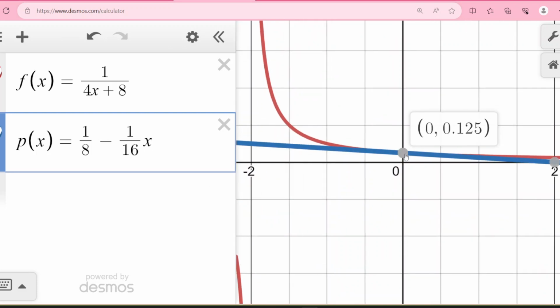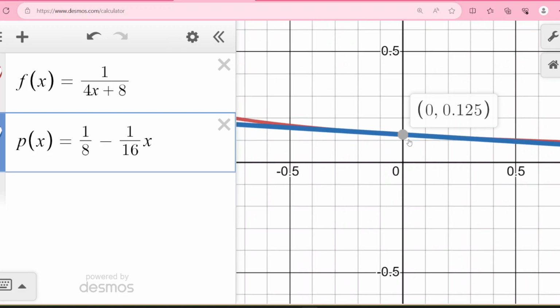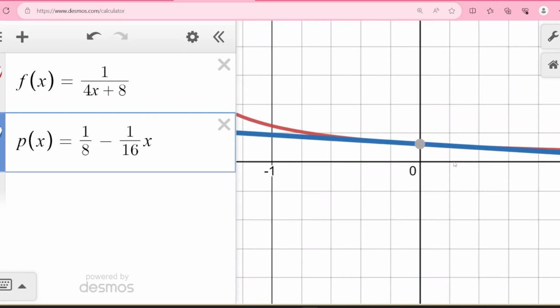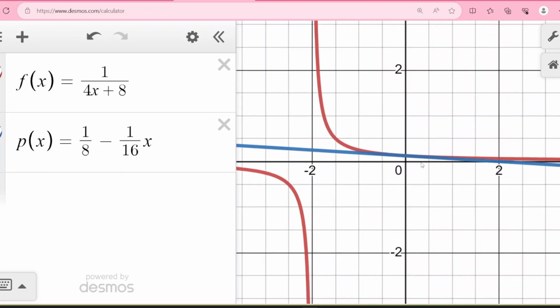You see how near 0 here, the blue line is very closely approximating the red graph. It's pretty much on top of it for this portion. Now, of course, as you go further away from 0, the blue line starts to deviate from the red graph, so the approximation is not as good.